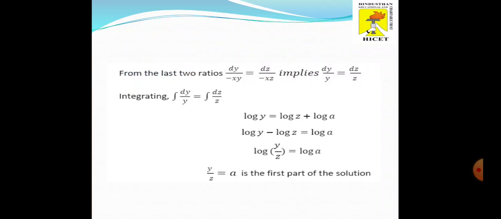By cancelling minus x in the denominator on both sides, we get dy by y is equal to dz by z. Integrating, we get log y is equal to log z plus log a. Now bring log z to the other side. So log y minus log z is equal to log a, that is log of y by z is equal to log a. So y by z is a solution.